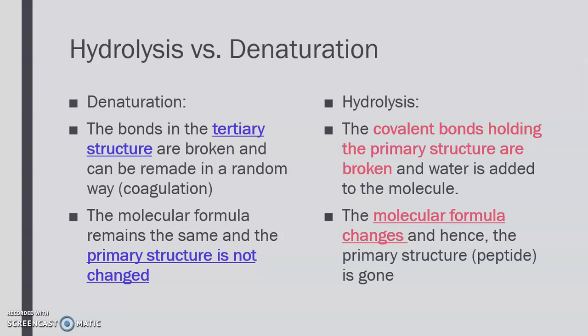So you can think about, for example, whenever we cook an egg, it's not really hydrolysis when we cook the egg, right? The process that happens when an egg is being cooked is denaturation because we're only destroying the tertiary structure, right? So whatever enzymes are in that egg are no longer working.